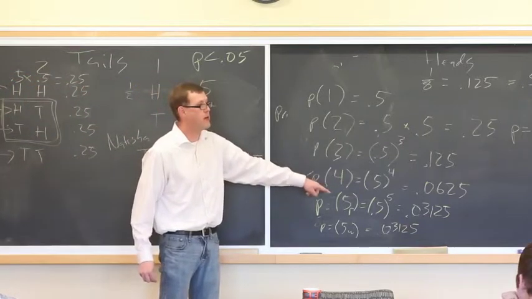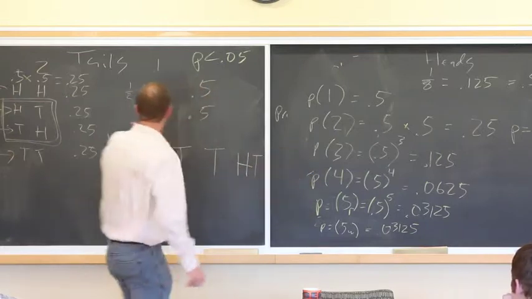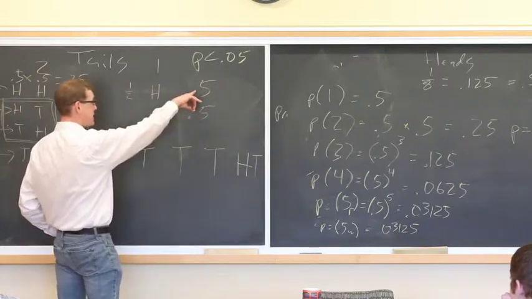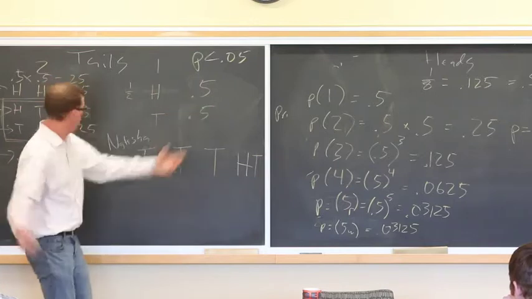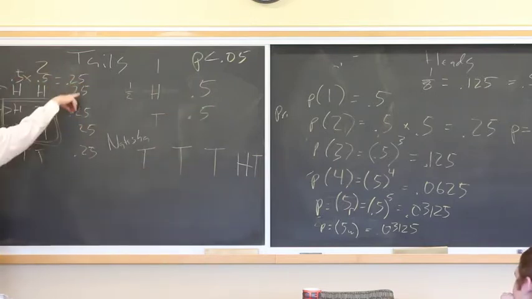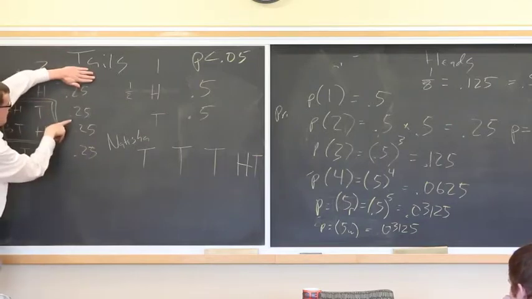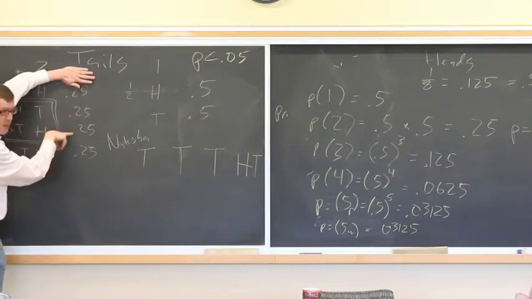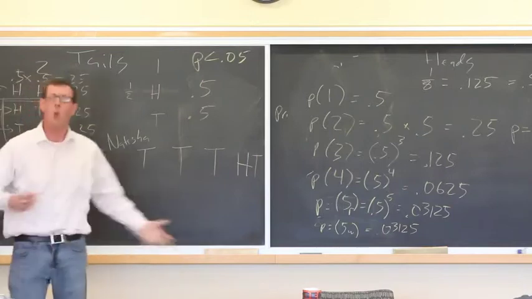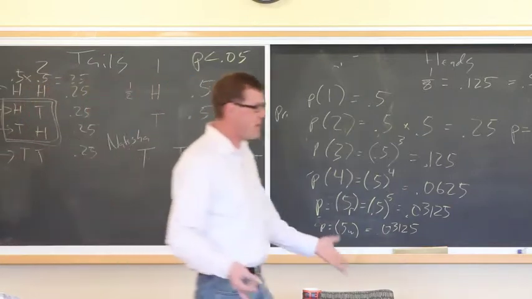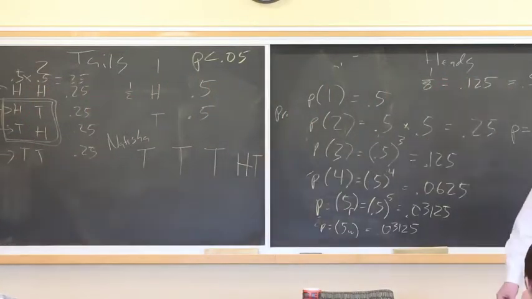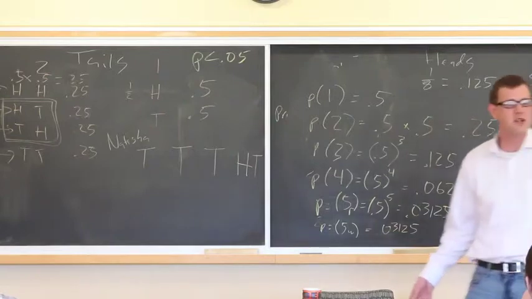If you think about the probabilities, all of the probabilities have to add up to 1, right? We have 2 events, probability of this plus the probability of that, 1. We have 4 events, probability of this plus the probability of that, plus the probability of that, plus the probability of that, 1. It's probabilities, they can't be more than 1. It's just like effort. You can't put in more than 100%.